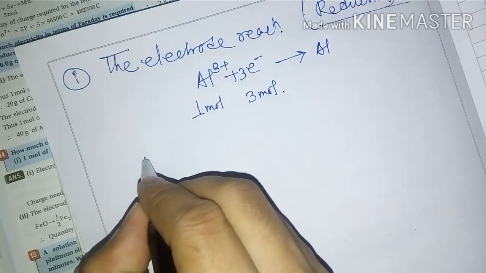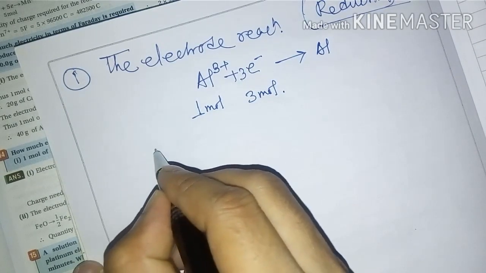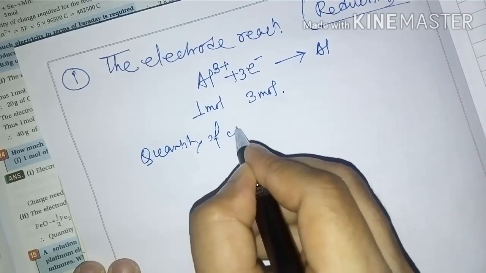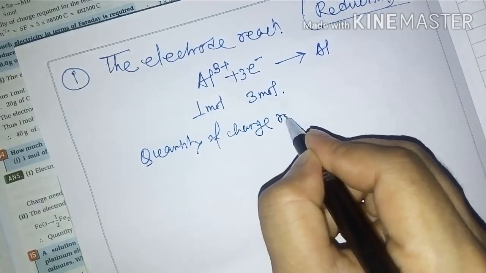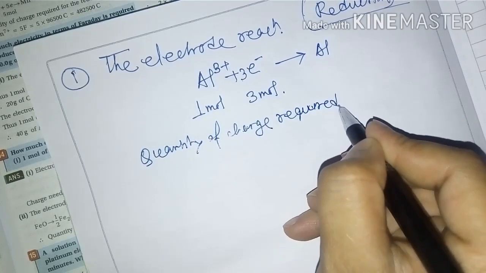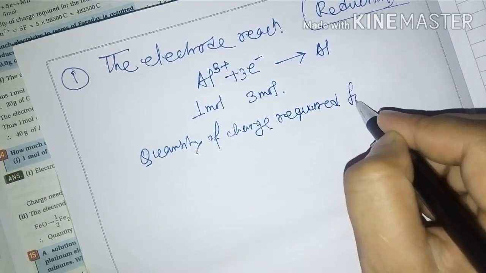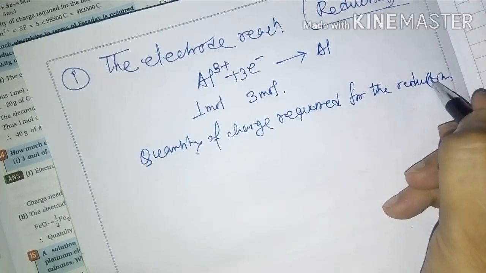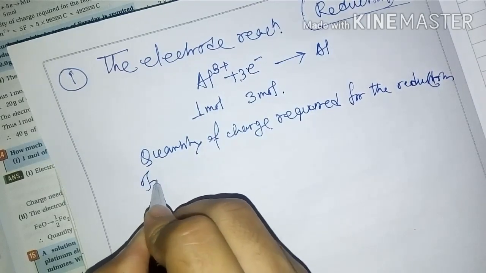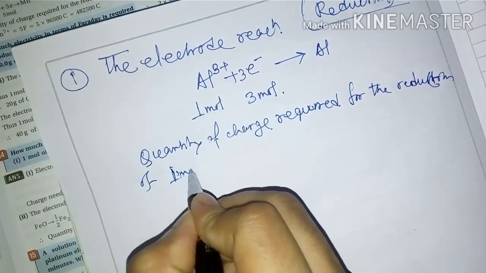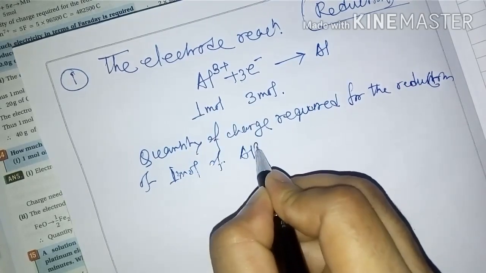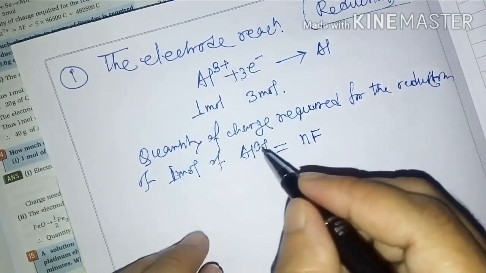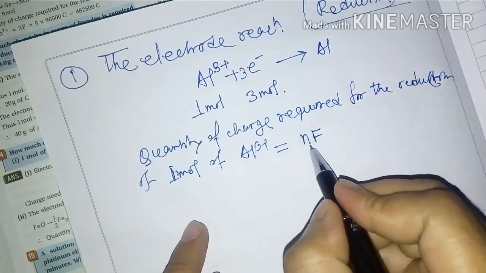This is the formula: the quantity of charge required for the reduction of 1 mole of Al3+ is equal to nF.